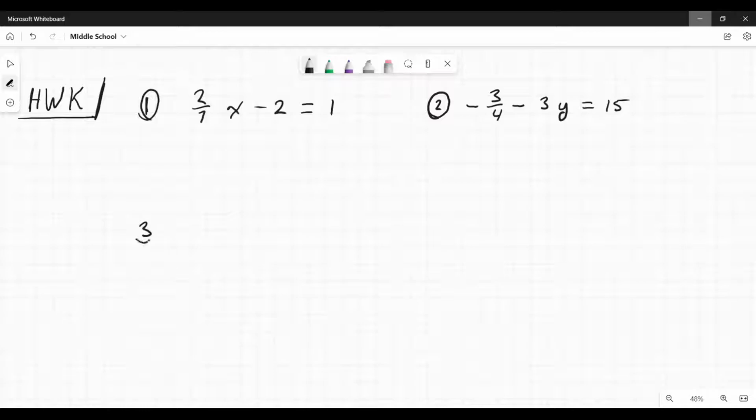Number 3. 3 equals 3 plus 8/11 z. Number 4.